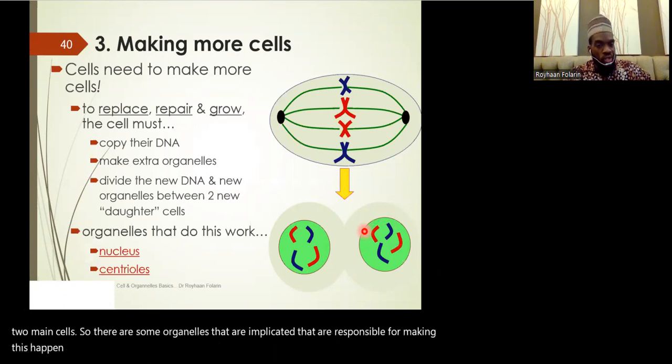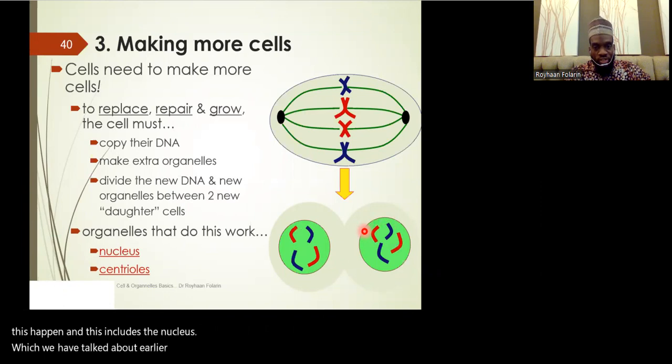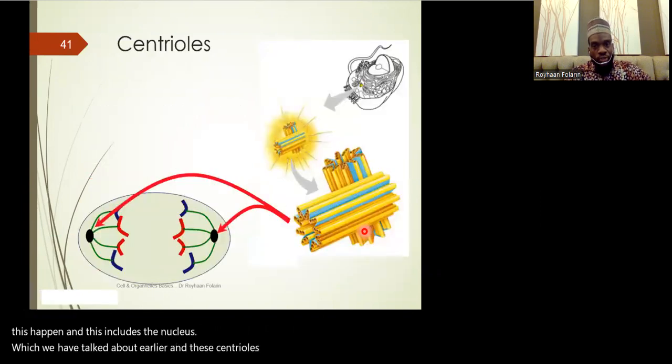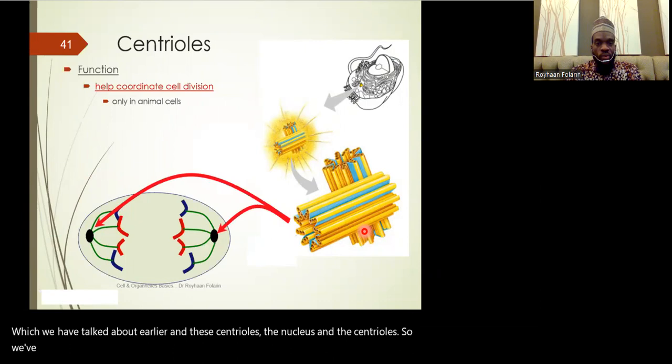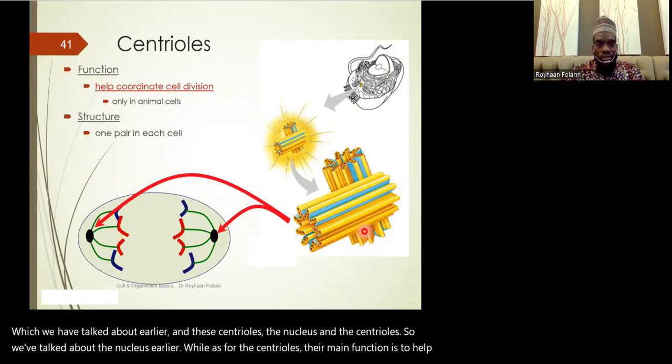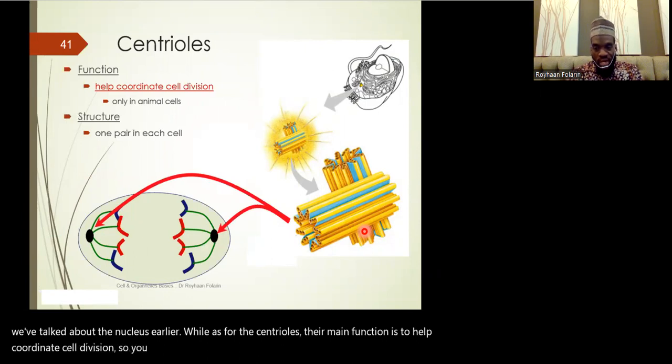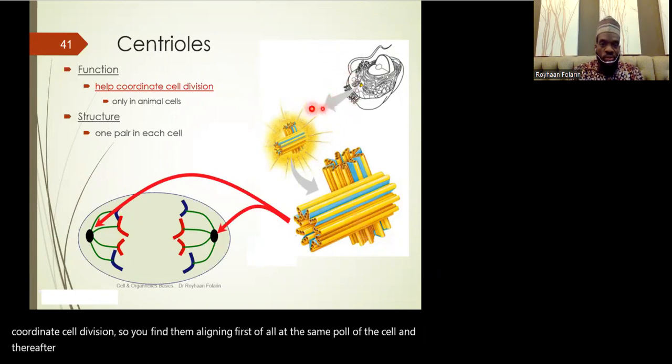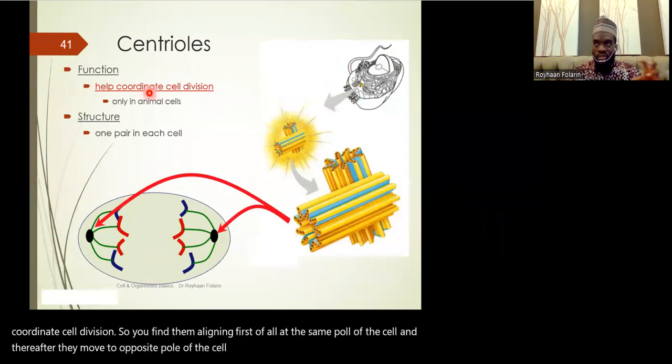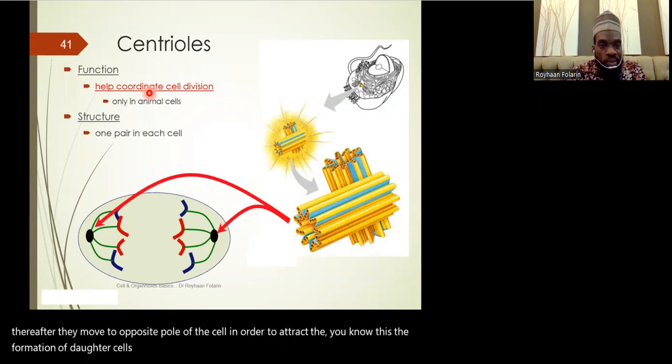And these include the nucleus, which we have talked about earlier, and the centrioles. As for the centrioles, their main function is to help coordinate cell division. So you find them aligning, first of all, at the same pole of the cell, and thereafter they move to the opposite pole of the cell in order to attract the formation of daughter cells from the orientation of the spindle fibers.